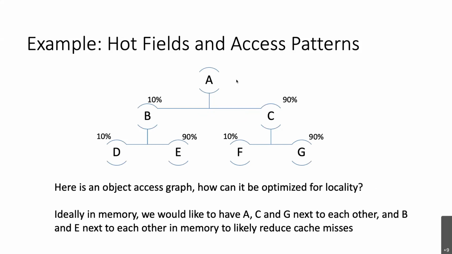And then lastly with B, 10% of the time D is accessed, 90% of the time E is accessed. So how can we optimize this object graph for locality? Ideally in memory, it would be great if we could have A, C, and G next to each other and B and E next to each other.